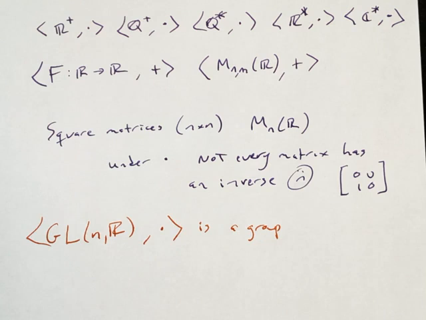In order for me to make closure, or even have the operation be well defined, I had to make sure that my matrices, no matter which two I pick, would always work. That's why I made them square. Then I get associativity, then I get identity. Now I'm saying only look at the ones that have inverses. That's a group.